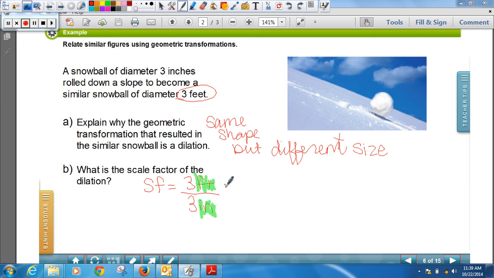I know there's 12 inches in each foot, so I'm going to take the numerator times 12 to change that to inches. That would give me 36 inches over 3 inches. Now that my units are the same, my units cancel out. I'm left with 36 over 3, which reduces to 12. So my scale factor is 12. It makes sense that it is greater than 1 because the snowball as it rolled down the hill got larger.